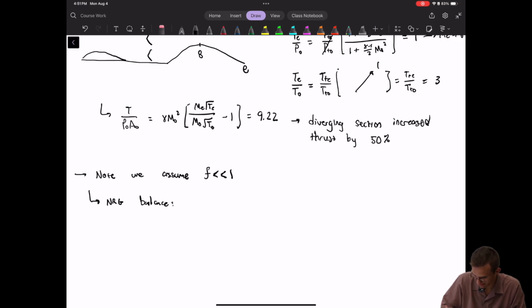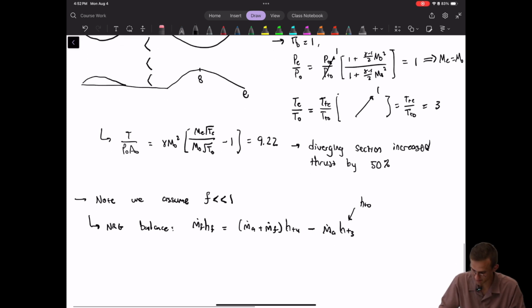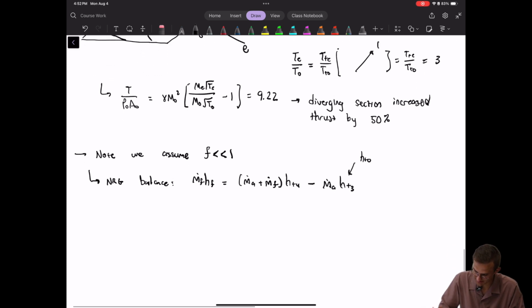It's that m dot f hf is equal to m dot a plus m dot f times ht4 minus m dot a ht3. Okay? This thing is the same as ht naught in this case, because we don't have any shocks upstream, there's really no shocks in the system at all. And this thing is just ht exit.